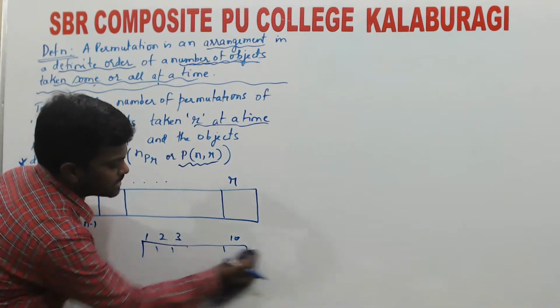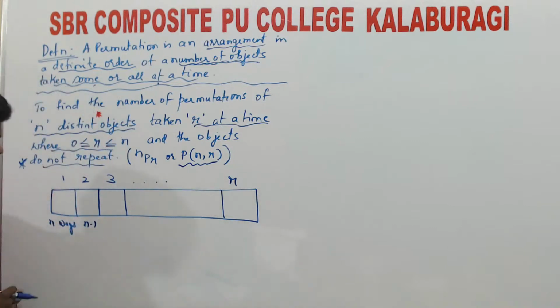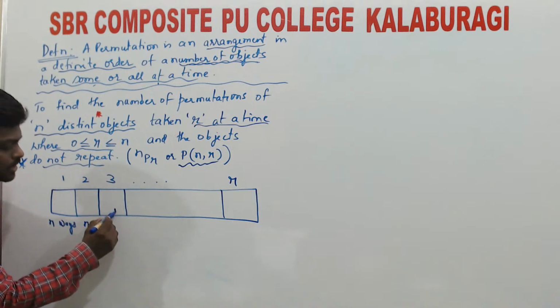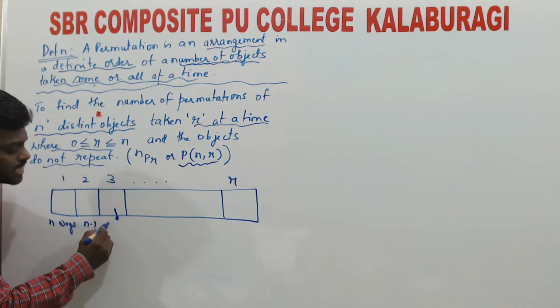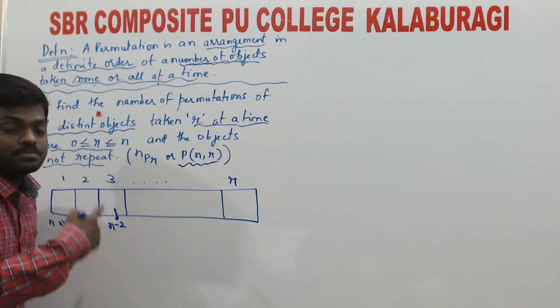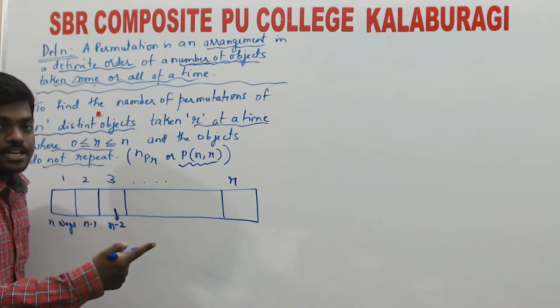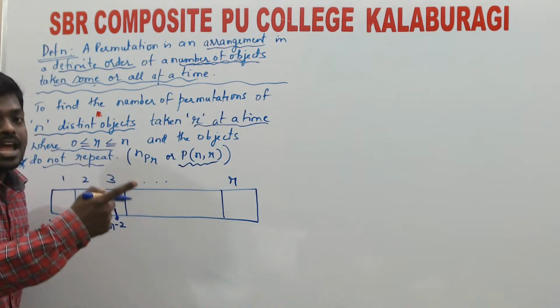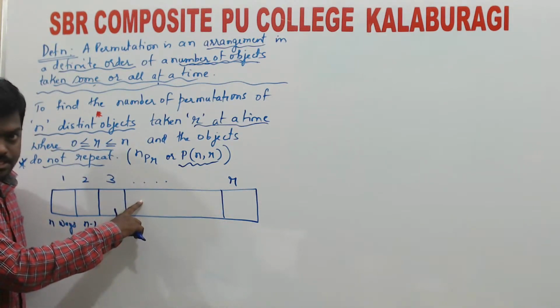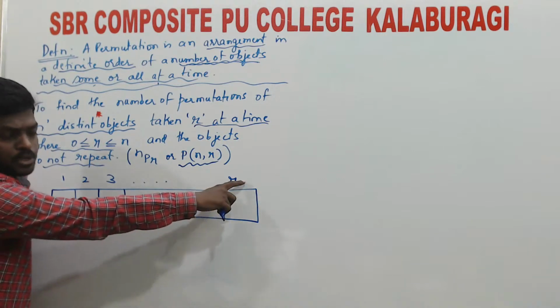So if n objects are there, to fill the first box you have n different ways, and the condition is do not repeat. The second box can be filled in how many ways? n minus 1. The third box can be filled in how many ways? n minus 2. Concentrate, students, and remember the multiplication principle. Similarly, for the fourth one, n minus 3, then n minus 4.